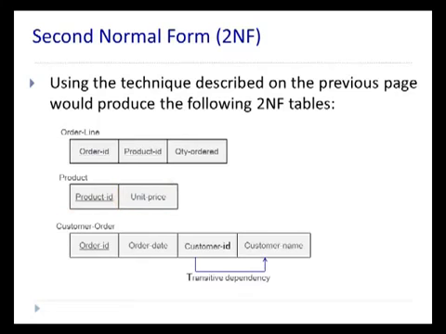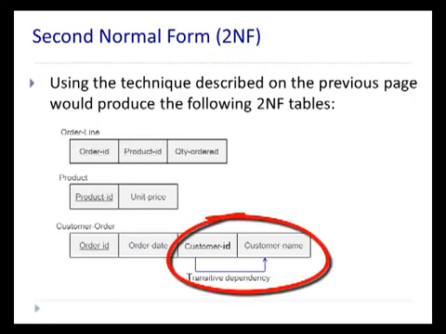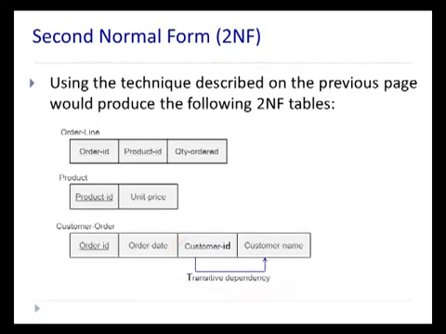And then finally, likewise, we had an order ID determinant, and we've pulled that out into a new table called customer order, and it determines the order date and the customer ID. Now notice we have a note that we have a transitive dependency here, and that's because customer name is really dependent upon customer ID, not the order ID. So while our table is in second normal form here, it's not in third normal form.